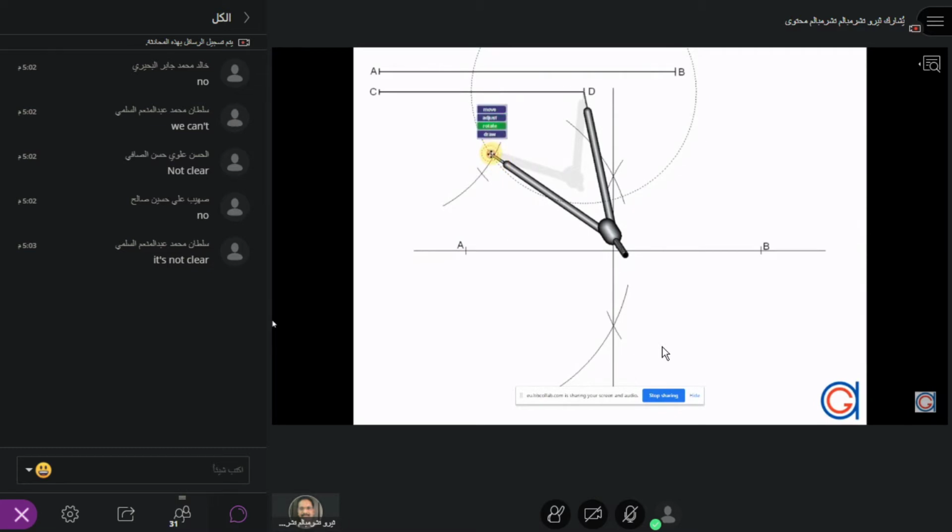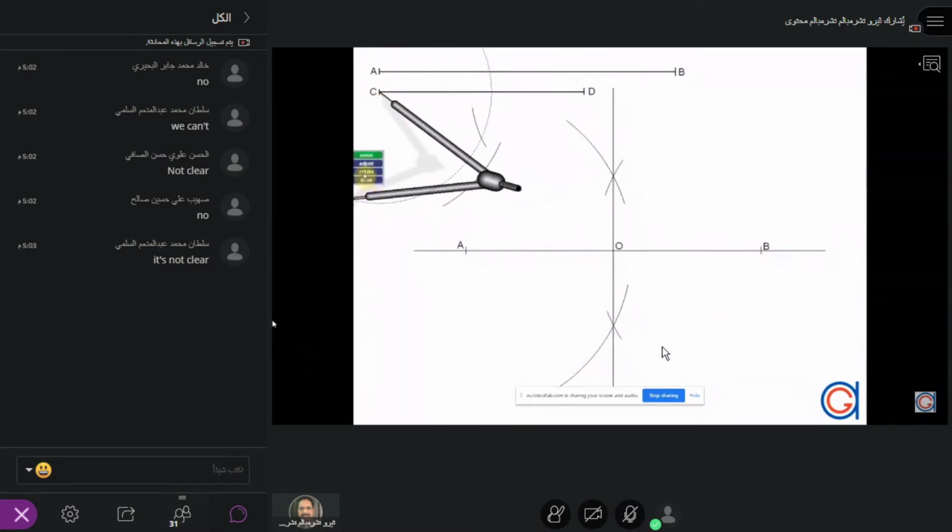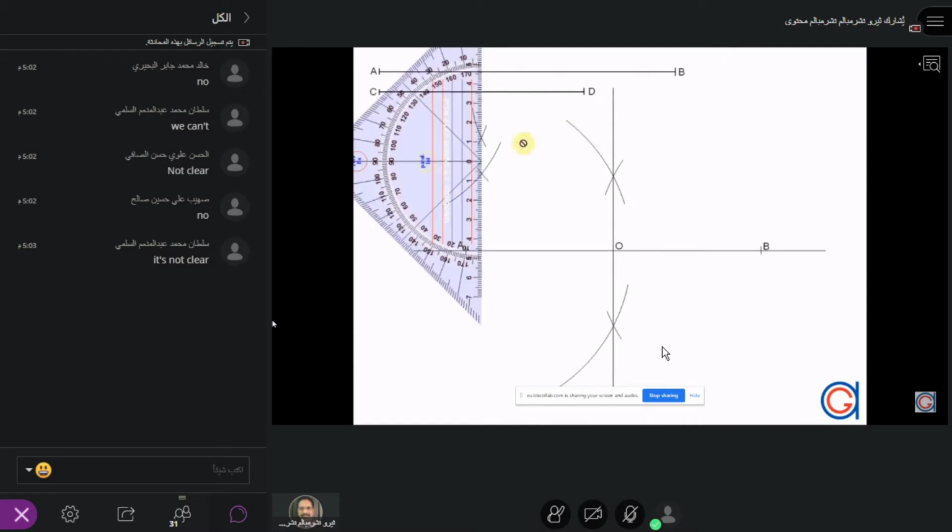So we are going to draw 4 arcs with 2 different radii, one radius for the first 2 arcs and a slightly shorter radius for the second 2 arcs. The first 2 arcs will intersect each other at a point, while the second 2 arcs will intersect each other at a different point. So now we join these 2 points with a line, and this line will be the perpendicular bisector, as shown here.